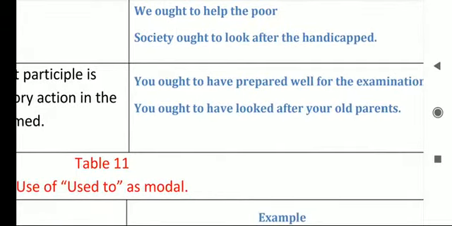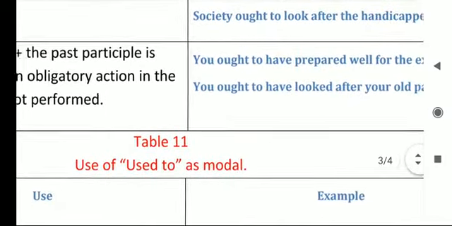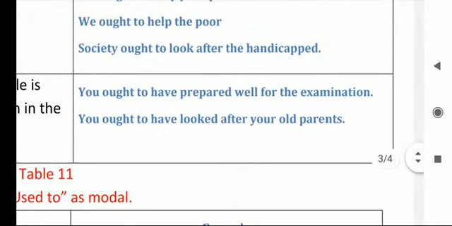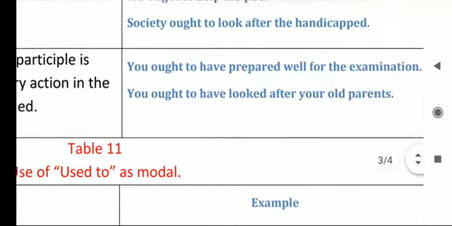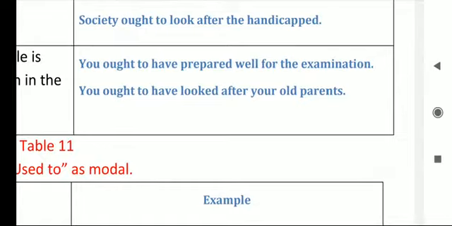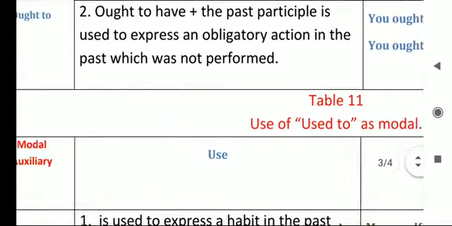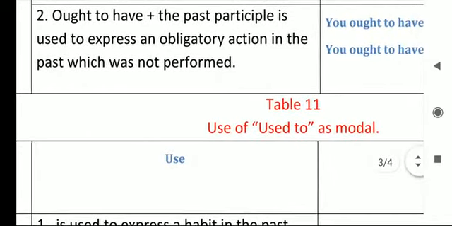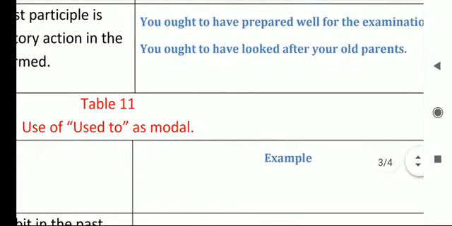You ought to have prepared well for the examination, right? You ought to have looked after your old parents. That means it is an obligatory action which has not been performed.